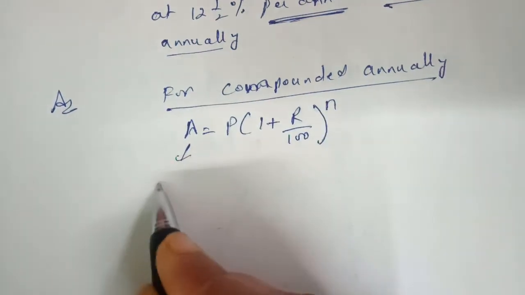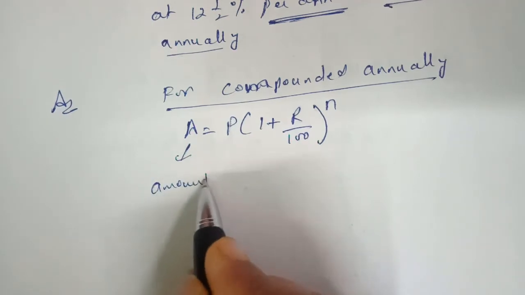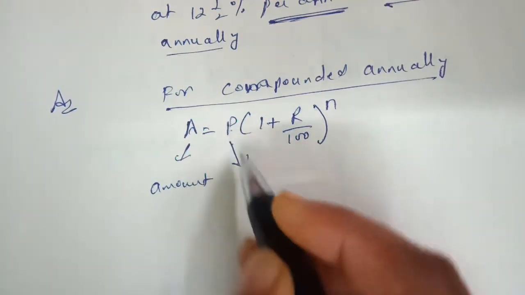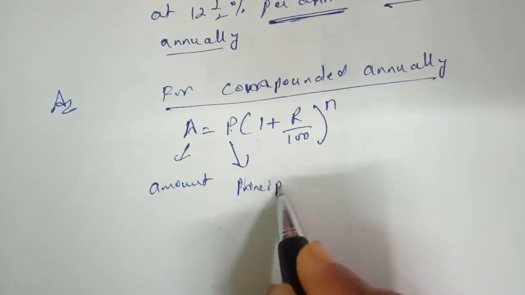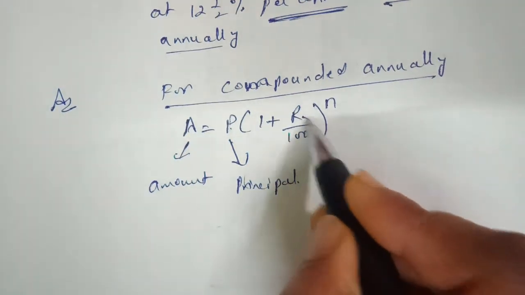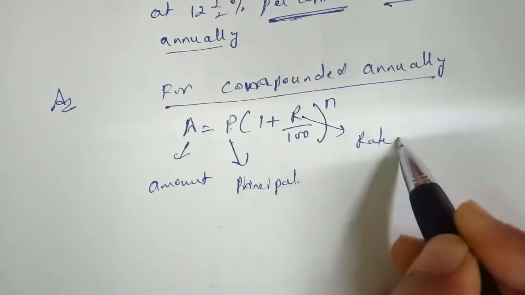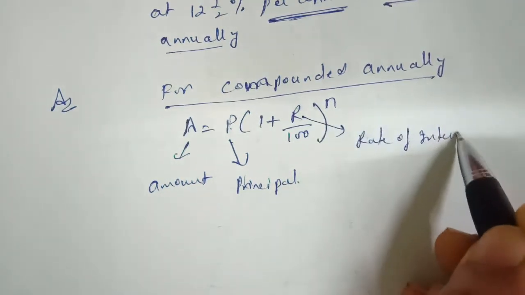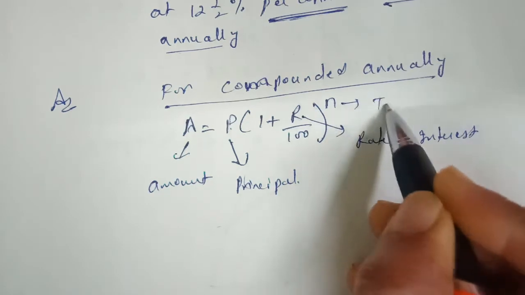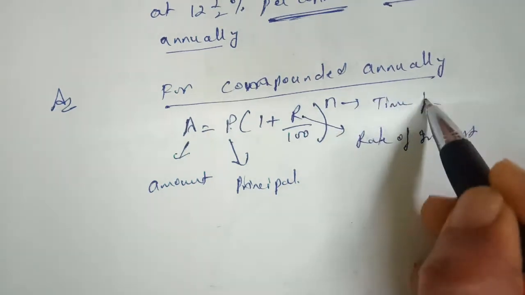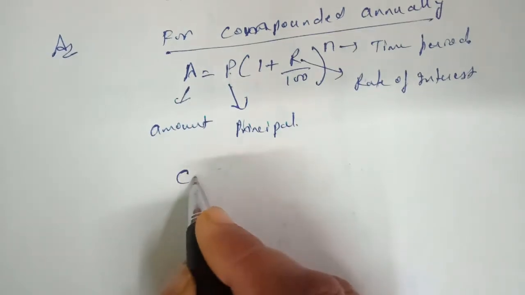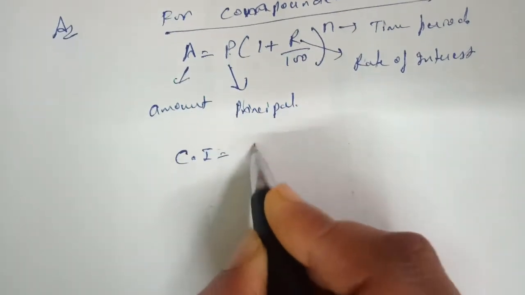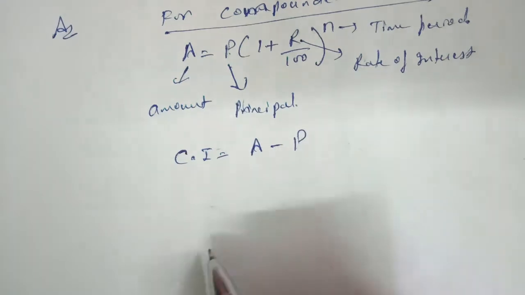A stands for amount, the money that you will get at the end. P stands for principal, the money on which interest is paid. R is the rate of interest, and n is the time period. After calculating the amount, you can find the compound interest. Compound interest is equal to amount minus principal.